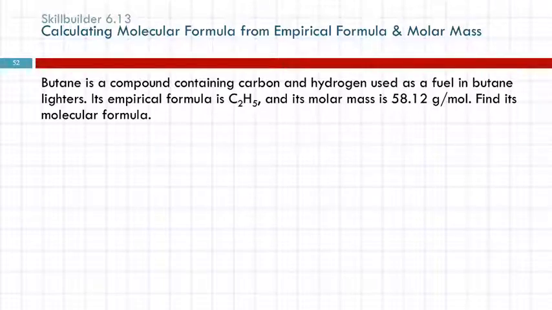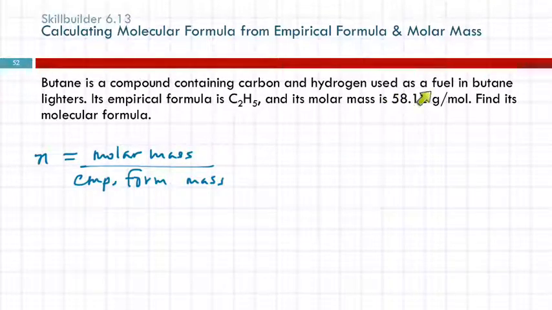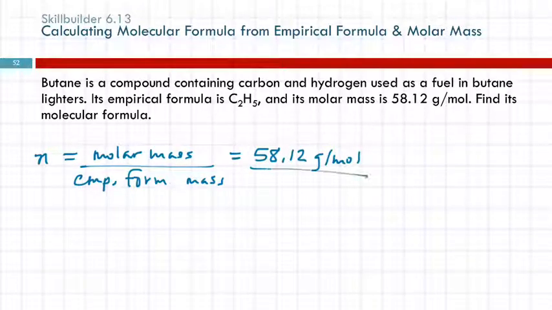So to find the number I need to multiply all the subscripts by, I take the actual molar mass and I divide by the empirical formula mass. So one of them is given to me. It's the 58.12 grams per mole. That means 1 mole of it weighs 58.12 grams.